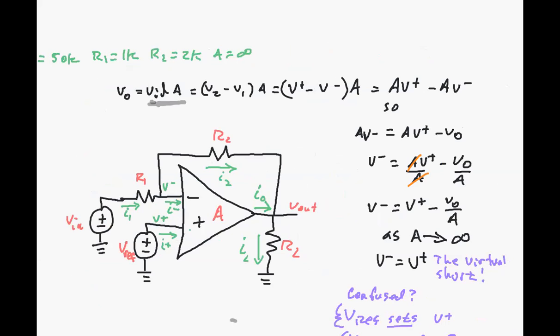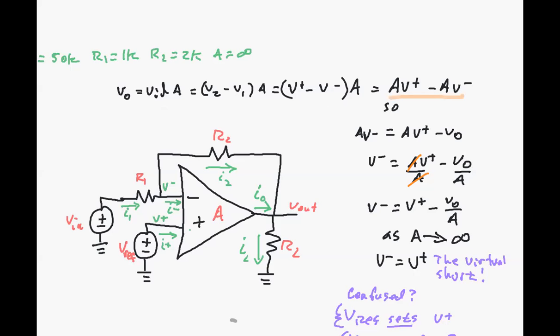In the nomenclature where I used V minus and V plus for those two nodes, we have V plus minus V minus, times A. We can separate that and write it as A times V plus minus A times V minus.